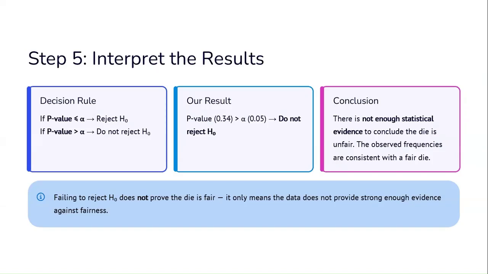Therefore, we do not reject the null hypothesis. This means there is not enough statistical evidence to conclude that the die is unfair. An important point to remember is failing to reject the null hypothesis does not prove the die is fair. It only means that the sample data does not provide strong evidence against fairness.